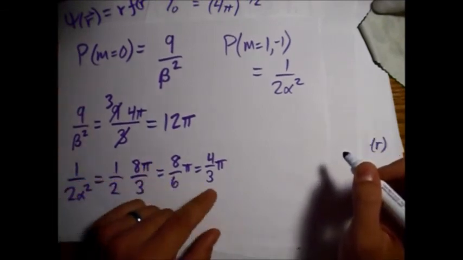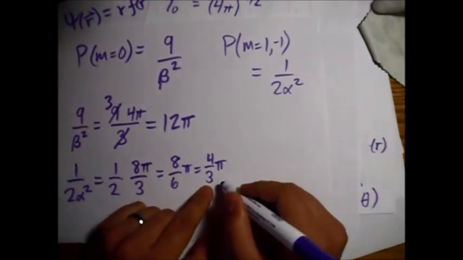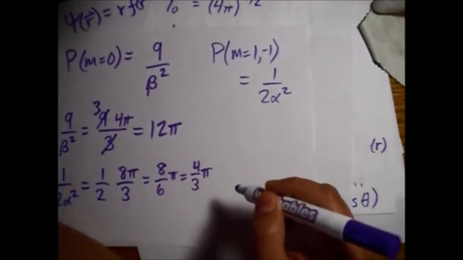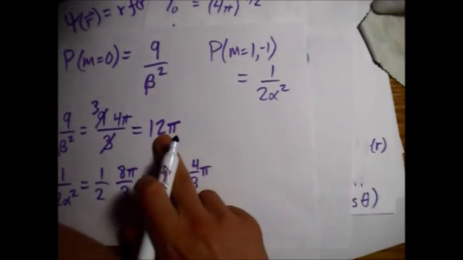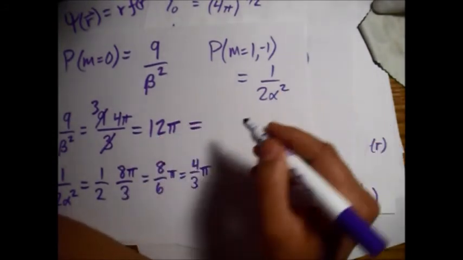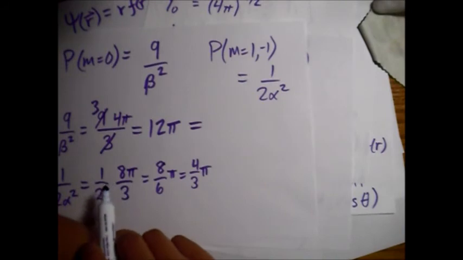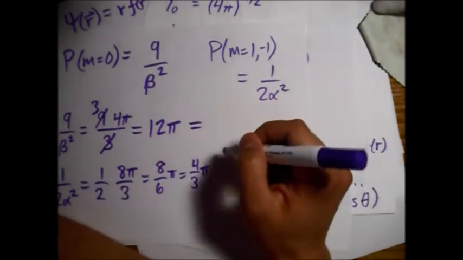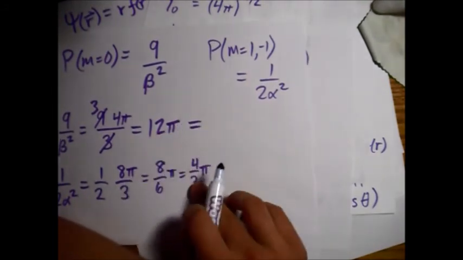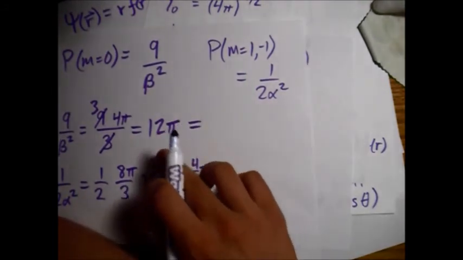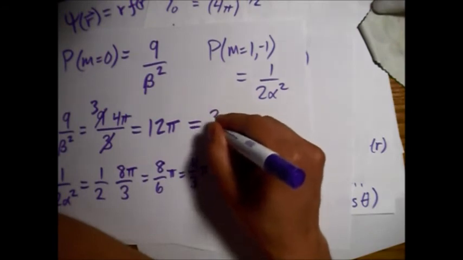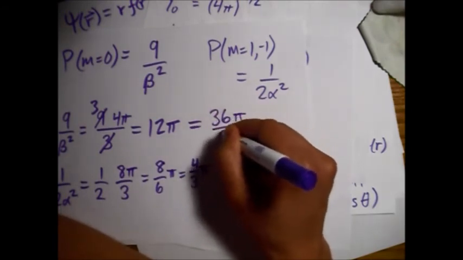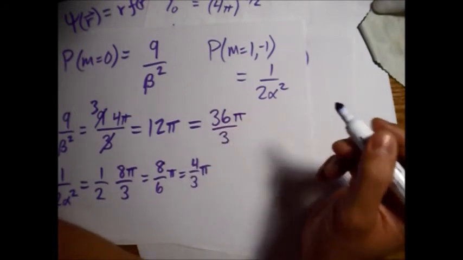So if we put this in terms of thirds, we're going to multiply this by 3 on the top and on the bottom, so 36 pi over 3, all right?